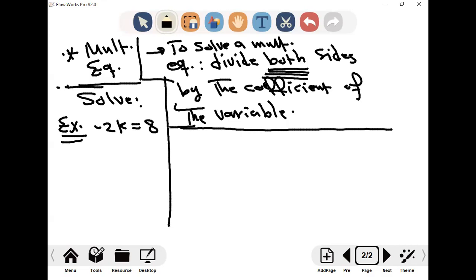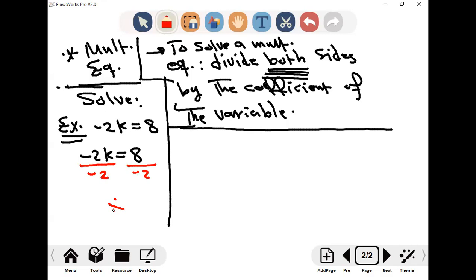But the first step is to rewrite the equation. Don't work on the question itself, write it again. So negative 2k equals 8. Write it. What's the coefficient? We divide both sides, using the fraction form, not this division sign.